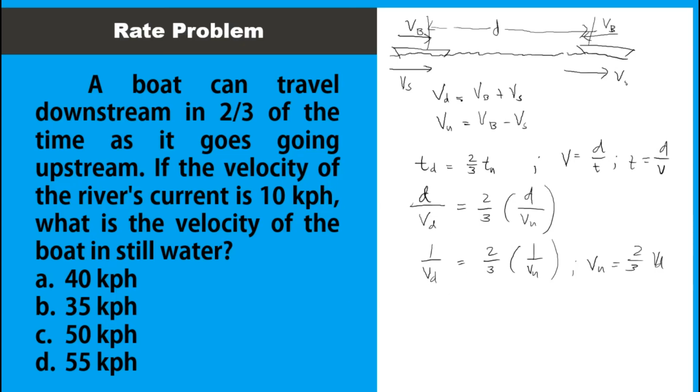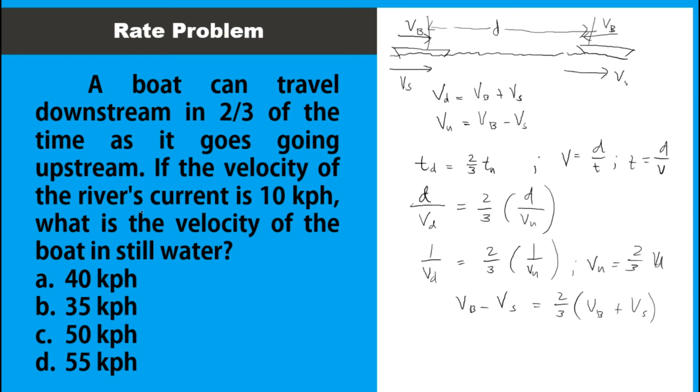You can substitute this. You have VB plus VS for downstream, the velocity of the boat minus the velocity of the stream upstream. You have VU, that is VB minus VS, is equal to 2/3 times VD. You have the velocity of the boat plus the velocity of the stream.